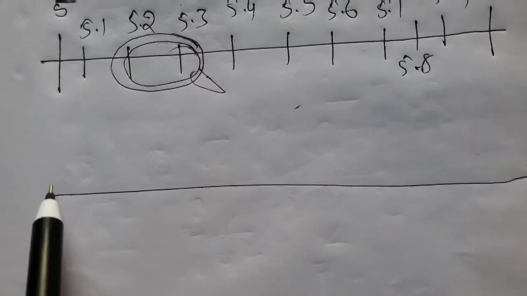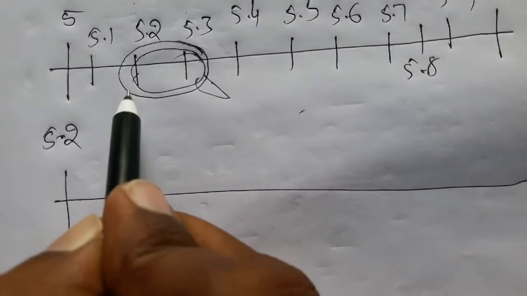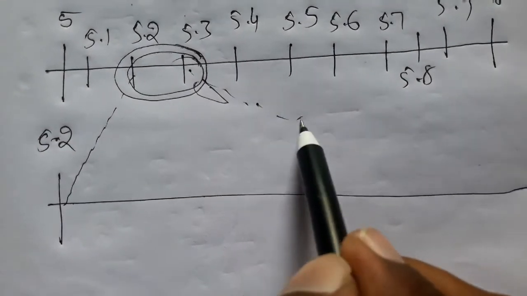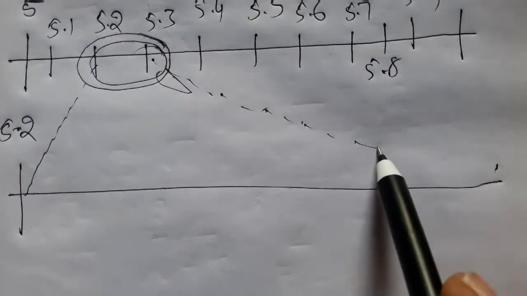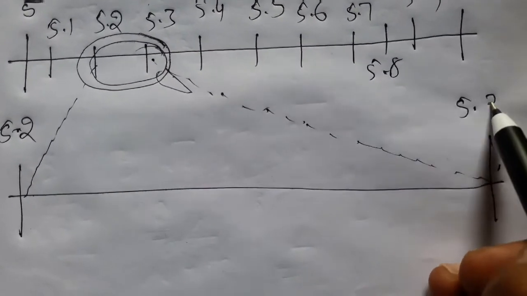Draw a line. This is 5.2. Shown this last line. This reaches to where? Final up to here. This is 5.3.